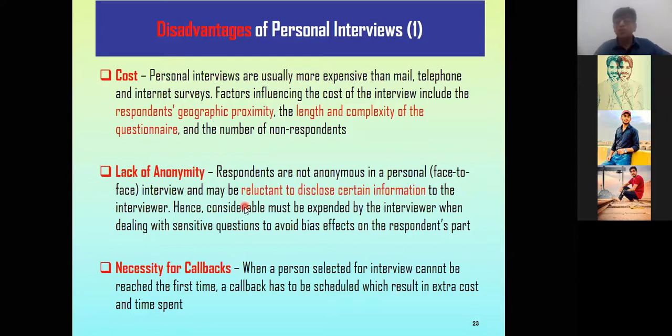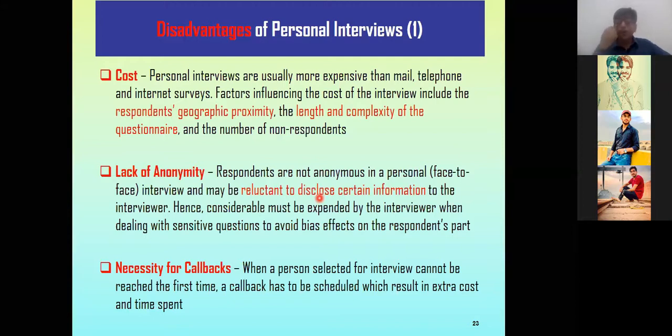So some of the questions in the face-to-face interview, the interviewee may be reluctant to answer because these questions may disclose his or her information. Some questions are related with the security of the country, with political personalities, or with religion. So this may create some problem.